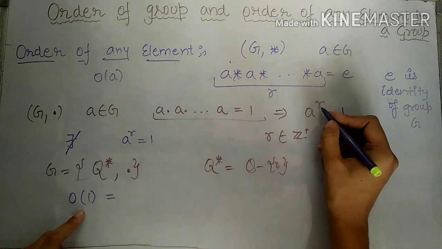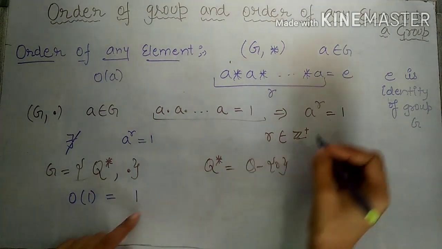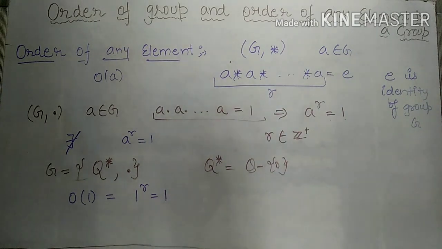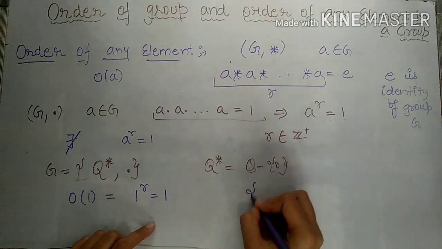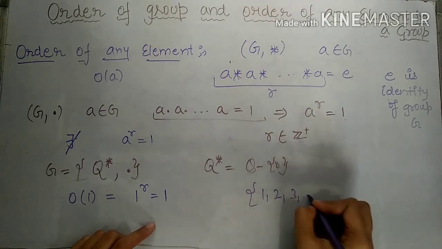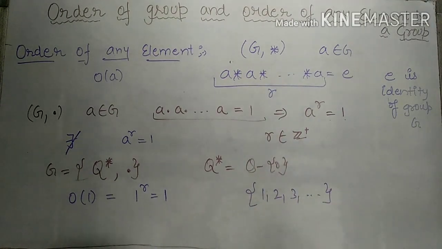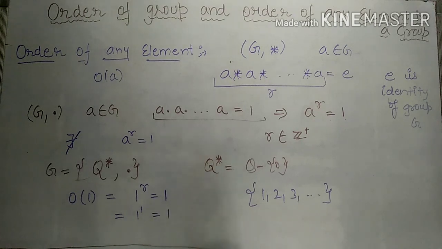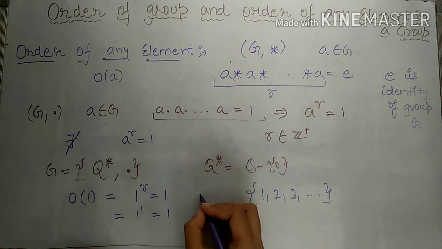It is the least positive integer R such that 1 raised to power R should be equal to 1. We know positive integers start from 1, 2, 3 and so on. If we take R as 1, 1 raised to power 1 is equal to 1. So here we get R is equal to 1.